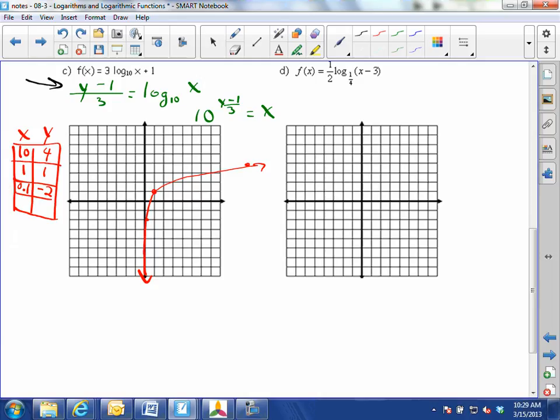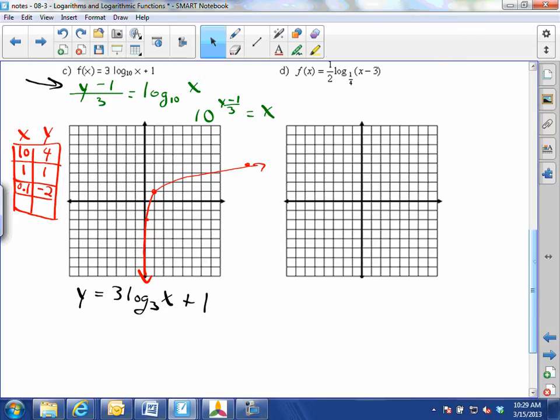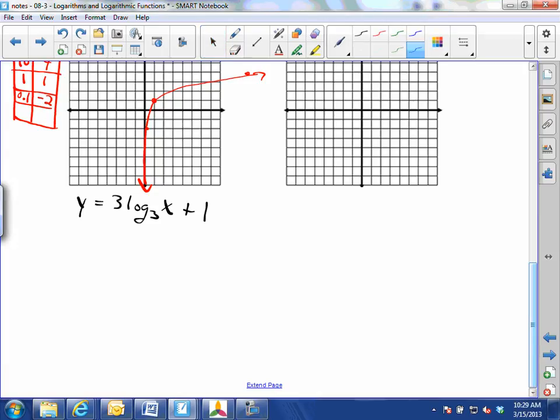Okay, so here, remember I can say this is f of x and y, right? If I treat log base 3 of x as one thing and I was going to solve for it by itself, that means I want to subtract 1 and then divide by 3. It's like I'm saying, let me get an a.